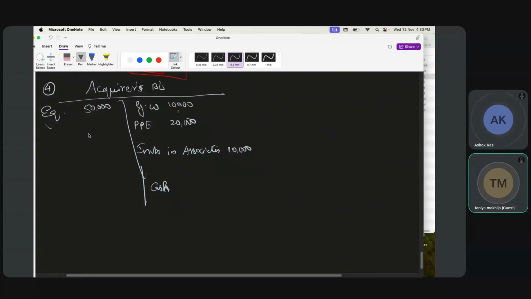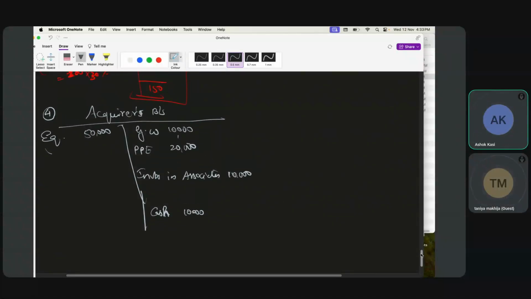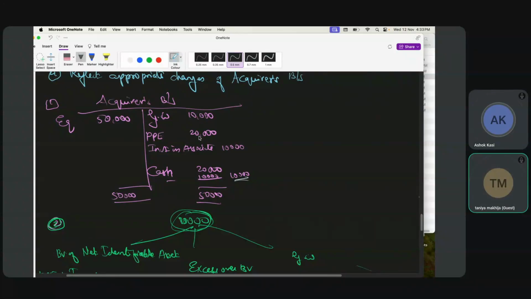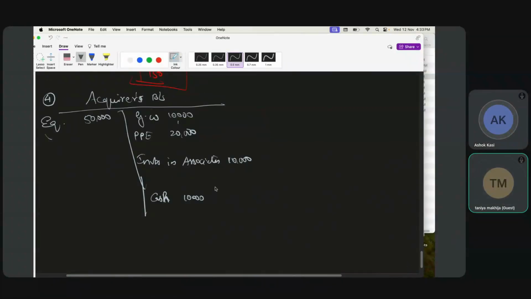Plus 210 profit. Cash portion is how much? 10,000, correct? Cash is 20,000. No, initial 10,000 is left. Yeah, 10,000 left. Okay. So 10, 20, 10, 10. Okay, then we'll add 210 of proportional profit.